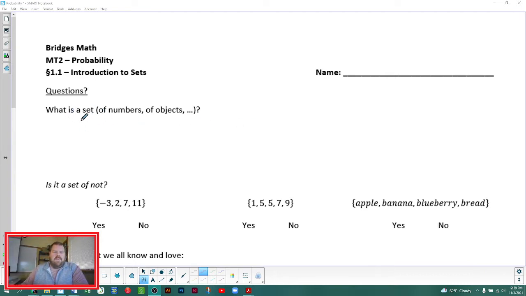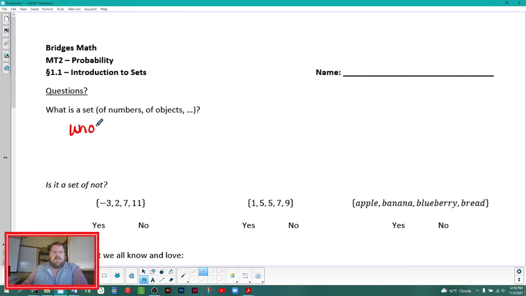The mathematical definition of a set is an unordered collection of items. Okay, just an unordered collection of items. So we could have things like, they don't even have to necessarily be related, but if they are, then it kind of sets a little bit of an idea of what we're working with.